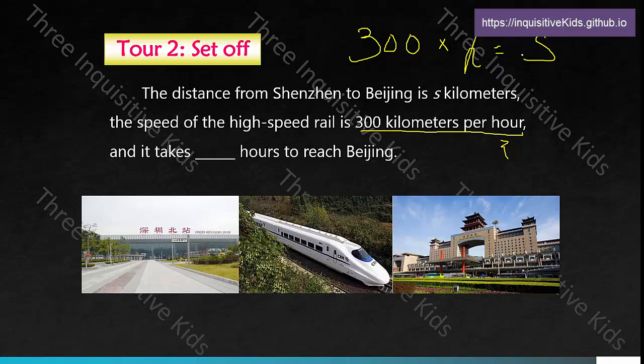So if we want to figure out h, because that's the hours here, we could just divide by 300 on both sides. That would give us h equals S divided by 300. So here, the answer is S divided by 300 hours to reach Beijing.